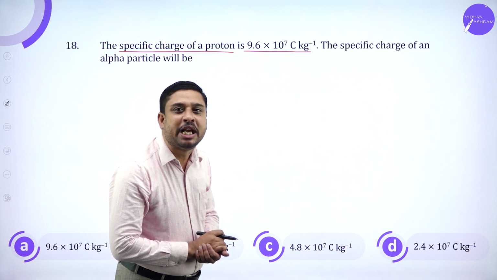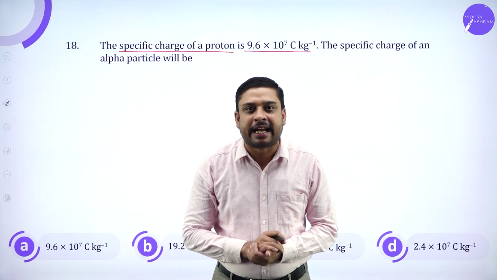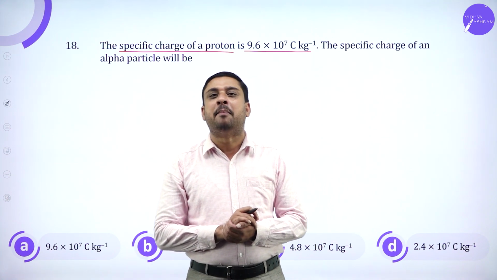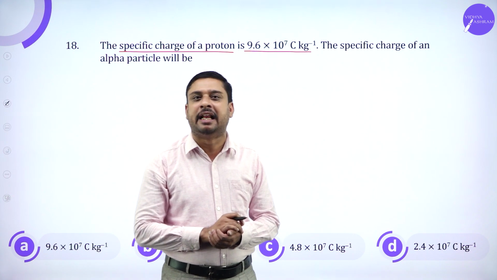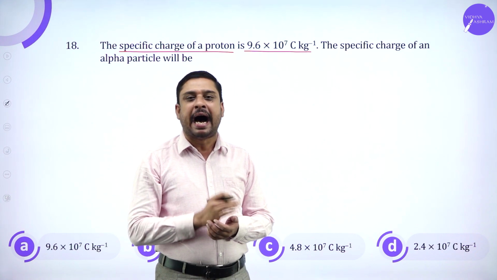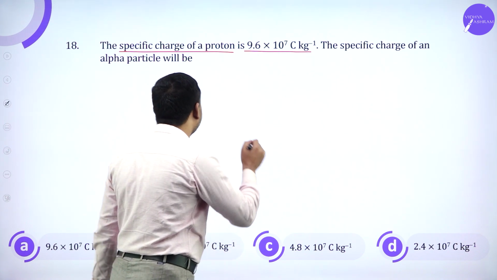Specific charge, first remember what it is. It is the ratio of charge to the mass of the particle. Charge divided by mass. That is what we call specific charge.